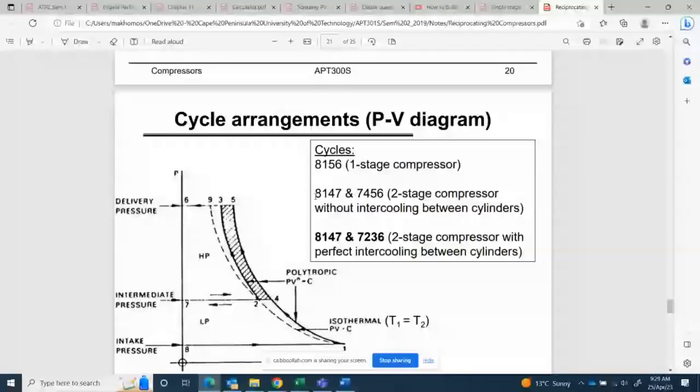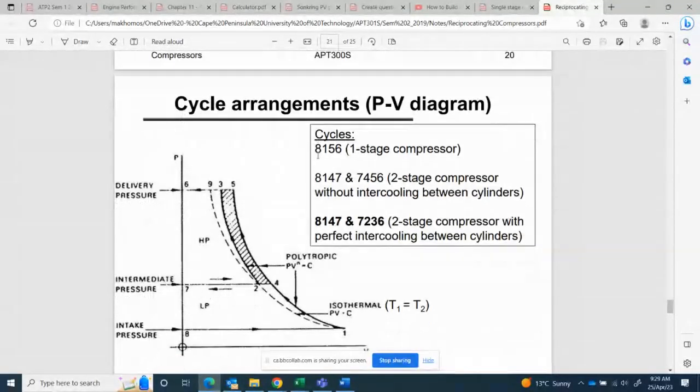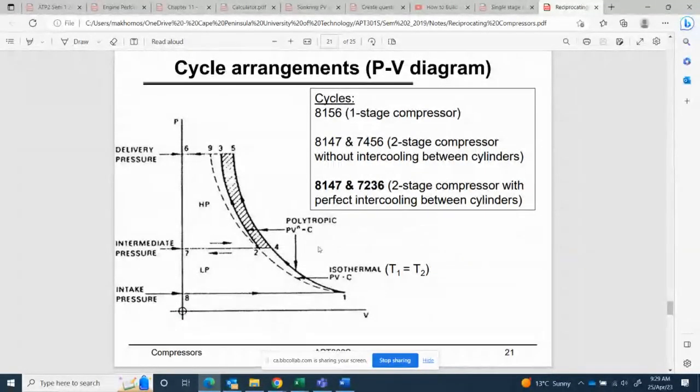And then this is the PV diagram of a double stage without clearance. This is stage 1, low pressure, and this is stage 2, high pressure. Theoretically, we would want the compression to take place from 1 to 2 and 9. This is isothermal compression. Like I said, isothermal compression in practice is impossible.